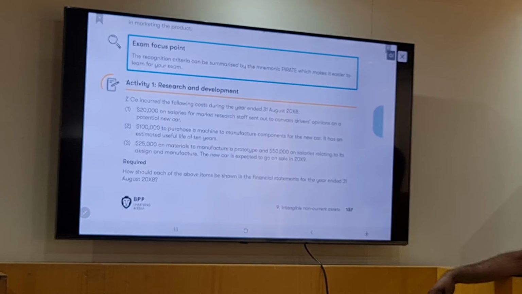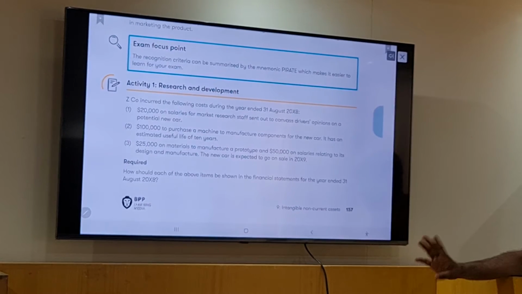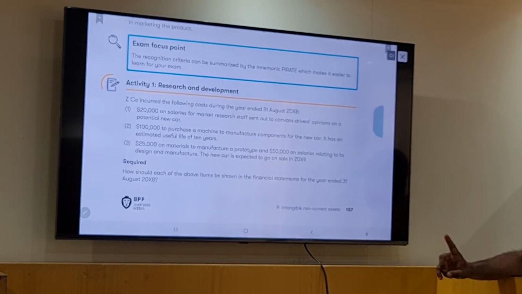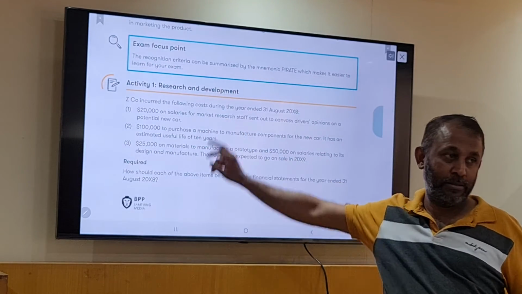There are 3 questions. Are you clear that there are 3 questions, separate? Third one, I understand this is development. And the first one, research. See, they use the words market research.